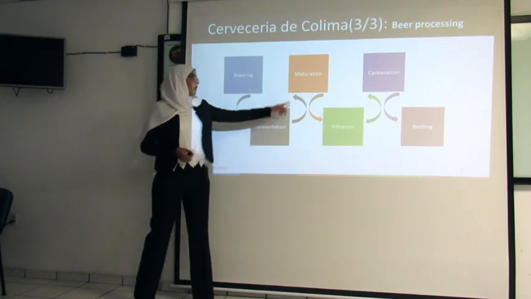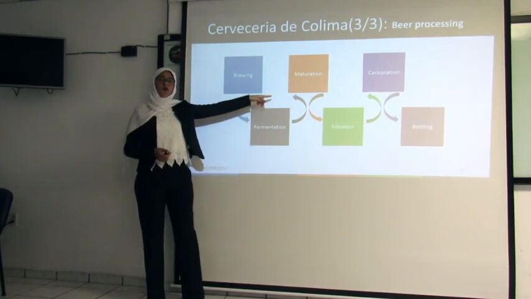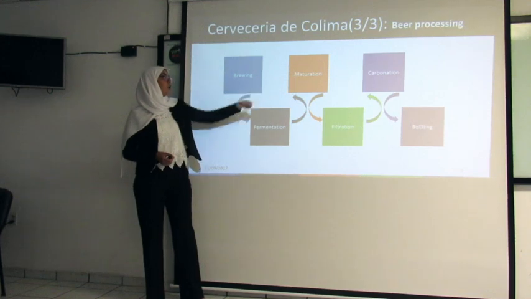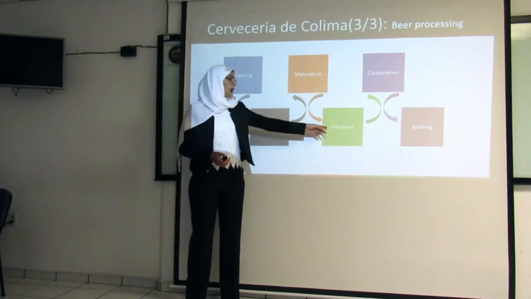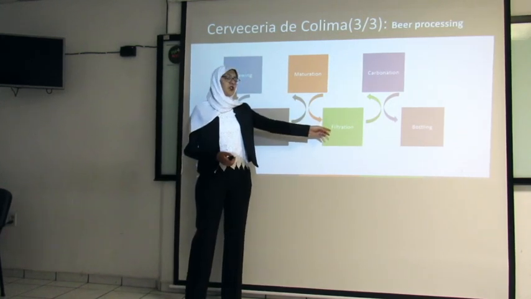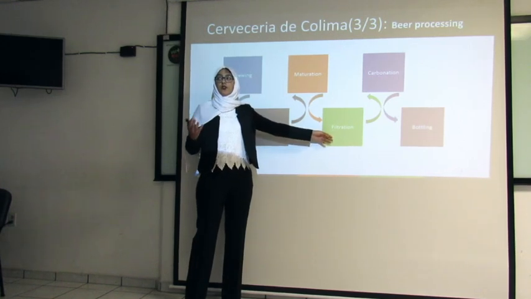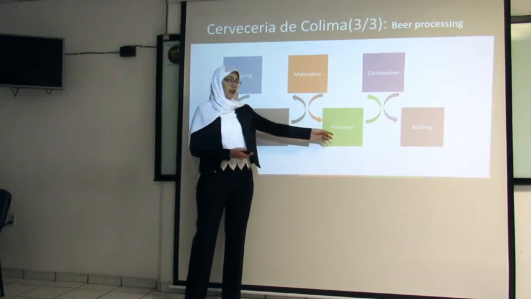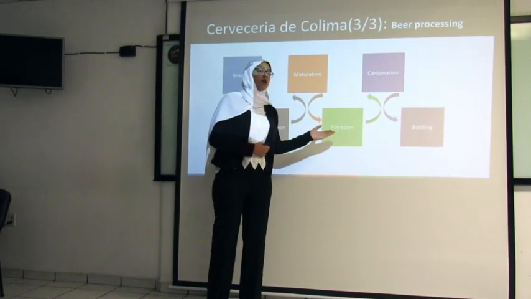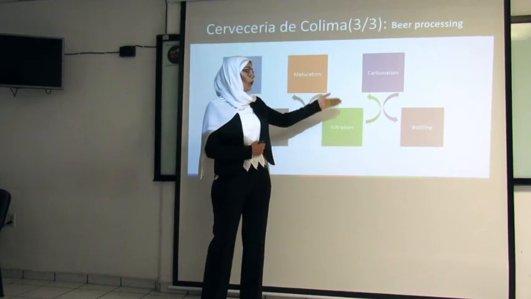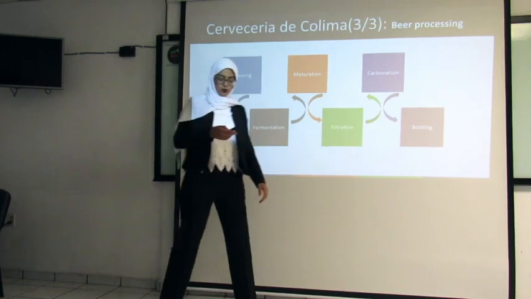Then, in this state, the temperature is lowered for the yeast to sediment and define the flavors. And then we perform a filtration process in order to give the shiny appearance to our products. And then we adjust the carbonation, and we leave our products ready to bottle.